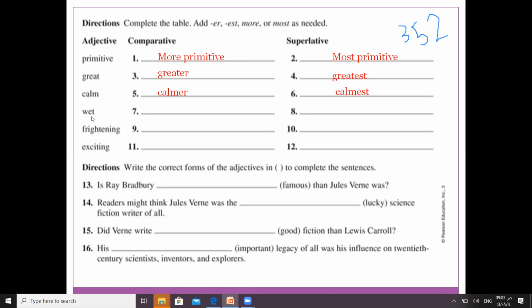Teacher, we double the last letter. Excellent, Lojane. We will double the T because I have one syllable and consonant, vowel, consonant. So, wetter and wettest. Now, frightening. More frightening, because I have more than 2 syllables, and in the superlative, most frightening.